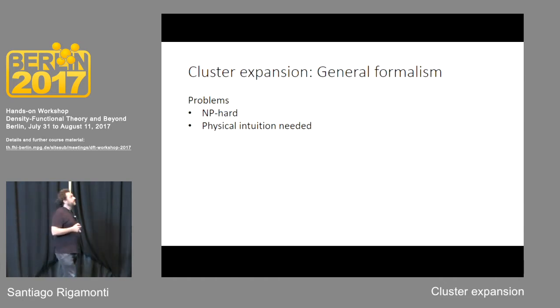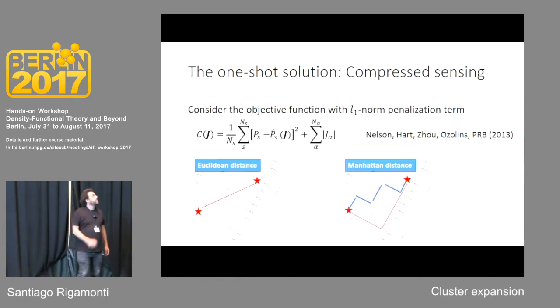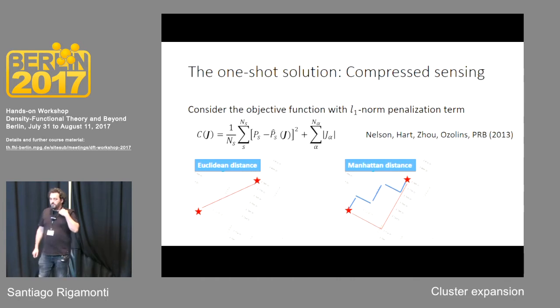As this is basically impossible to solve for absolutely all possible sets of clusters, you need some physical intuition to say, okay, maybe interactions for small clusters are larger than interactions for larger clusters. Then you would try to form a set of clusters composed of small clusters, but this is not always the best model. So what you can do to avoid this problem is to use the technique of compressed sensing.